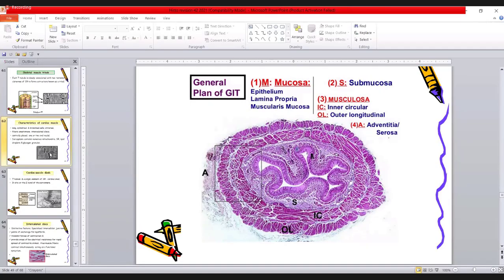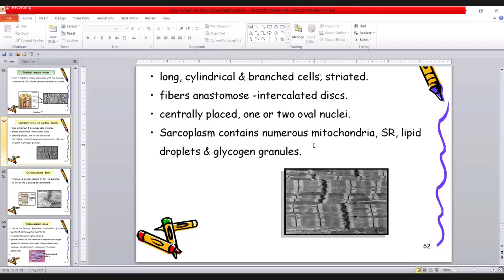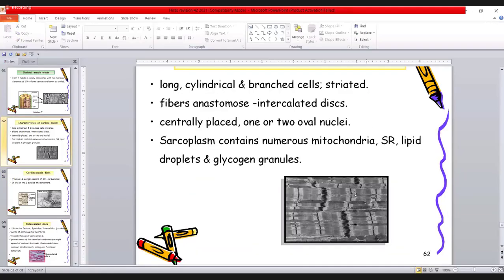Cardiac muscles. Describe the features. So we touch everything once we touch a muscle as well. Cardiac muscles are striated muscles. What does the cell look like?